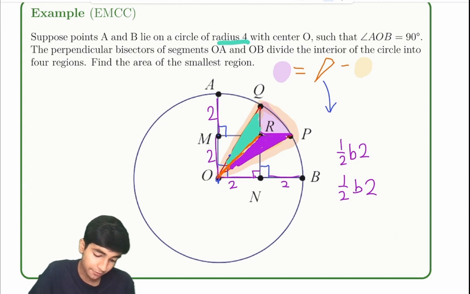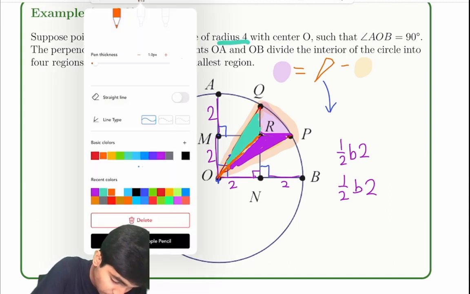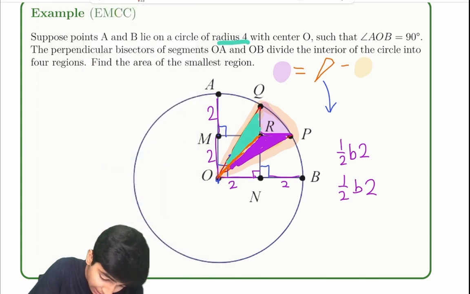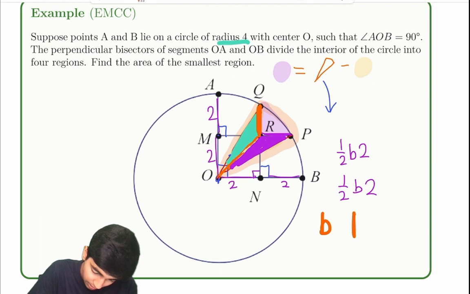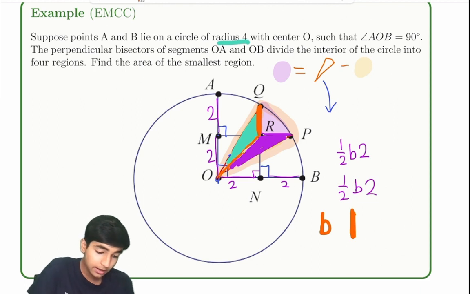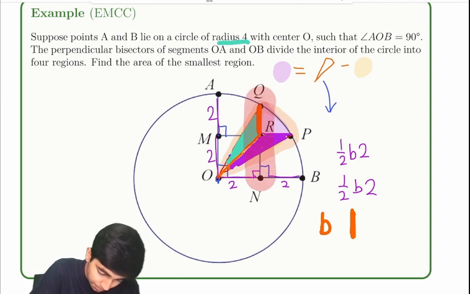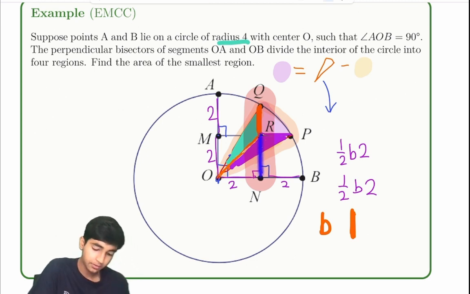Let me draw it a little thicker so it's more clear. We're trying to find the base. The base is this over here, marked in the diagram. To find that length, what we can essentially do is find this whole length over here and subtract off this part over here.